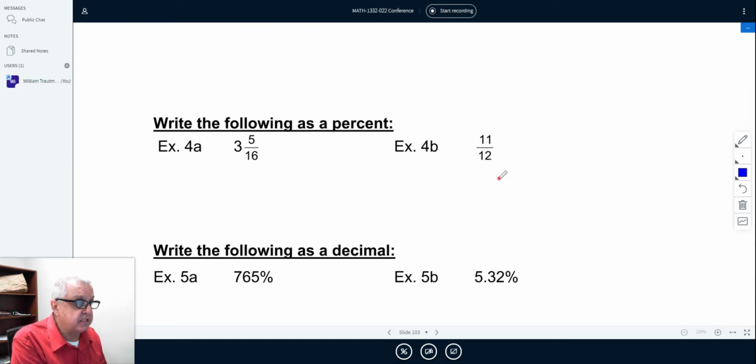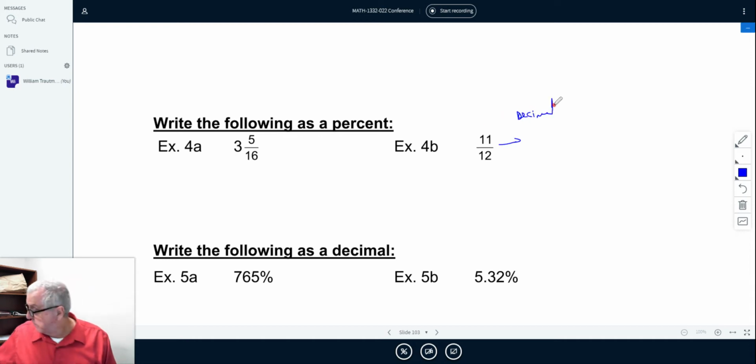And it says convert this to a percent. So first I'm going to go from fraction to decimal. I'm just putting it on my calculator, 11 divided by 12. And I get 0.916666.